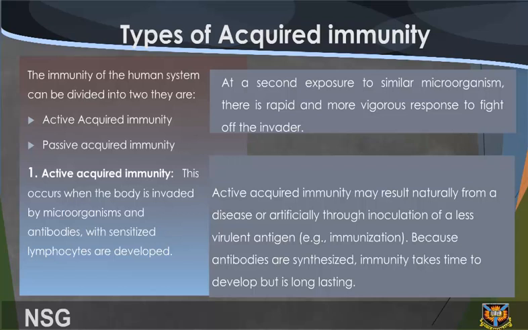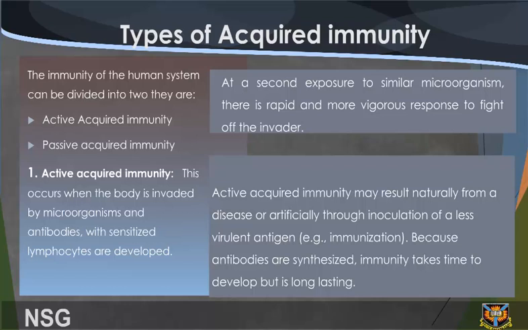Types of acquired immunity. The immunity of the human system can be divided into two. They are active acquired immunity and passive acquired immunity. 1. Active acquired immunity. This occurs when the body is invaded by microorganisms and antibodies with sensitized lymphocytes are developed.